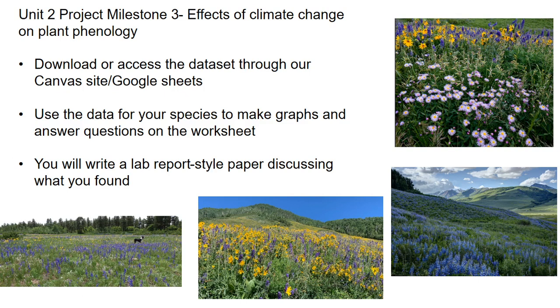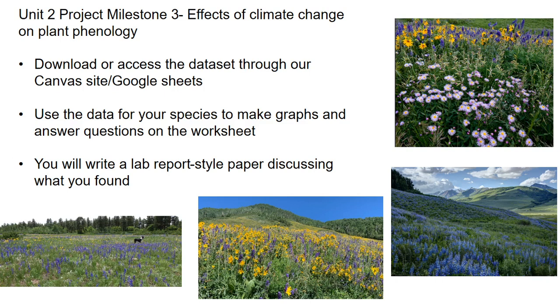You're going to take your answers to those questions and write a lab report style paper discussing what you found. So that's going to be the final project. That's what you're actually turning in for this milestone, a scientific paper that looks much like the lab report that you already wrote for BSc 2011 lab earlier in the semester.